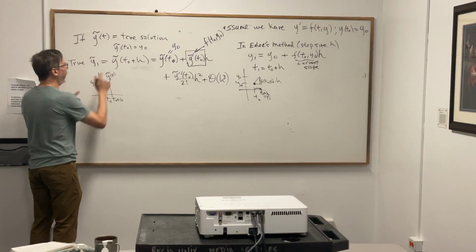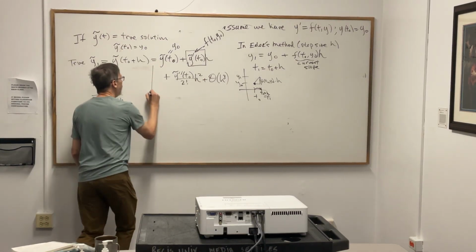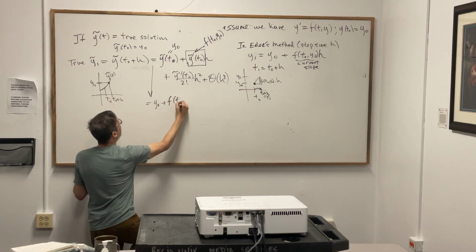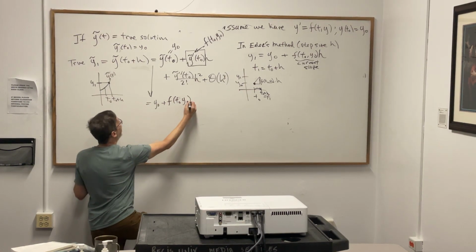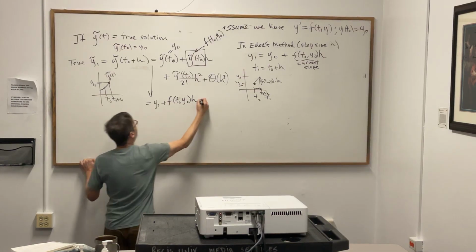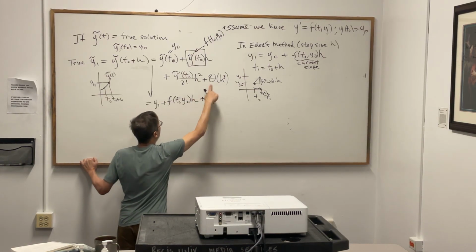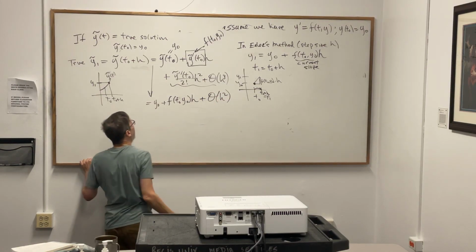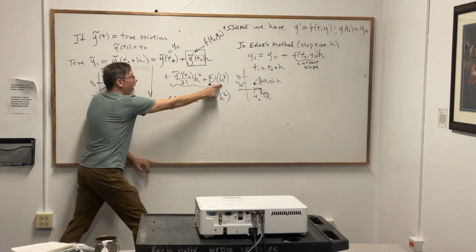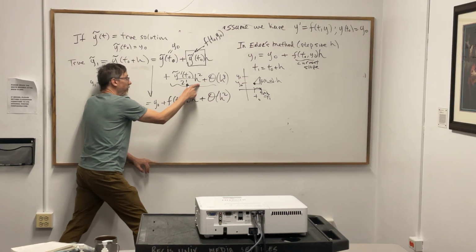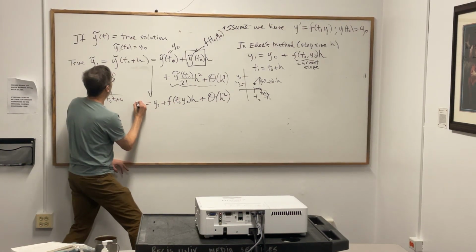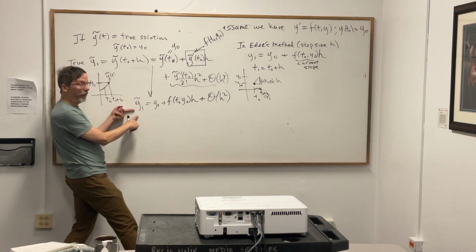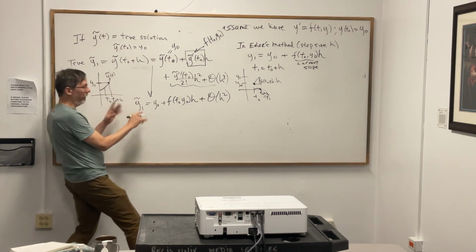So this is equal to y naught plus f at t naught, y naught, times h, plus this stuff right here, and that stuff is an order h squared expression. We take that order h cubed stuff, but then we tacked on this order h squared stuff. So the true y1 is this. Let me stop for a second.